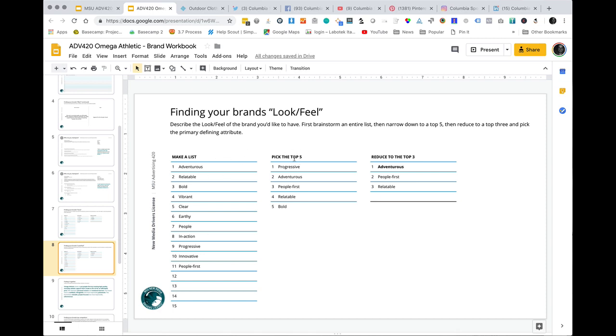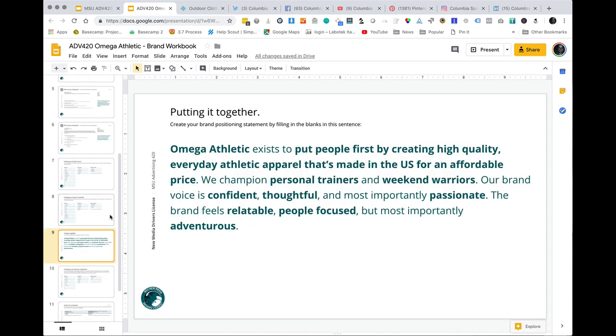So here we've narrowed it down to, we want it to look progressive, we want it to look adventurous, we want the brand to look people first, so maybe we're using a lot of pictures of everyday people. We want it to feel relatable, but still be bold. And then whittle that down to adventurous, people first, and relatable. And then we can put all this information together into a brand positioning statement.